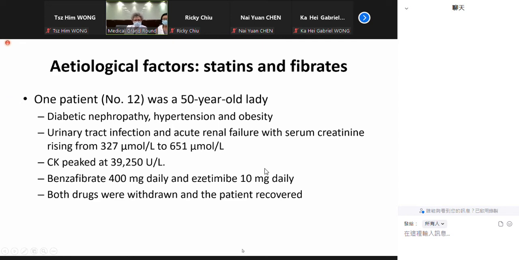but she had previously had some muscle pain with one of the statins, and then she was changed over to another statin, and she was tolerating it. But because of probably poor glycemic control, her triglyceride was also very high, and so she was given bezafibrate, and then she developed a urinary tract infection, and so the renal function got worse.